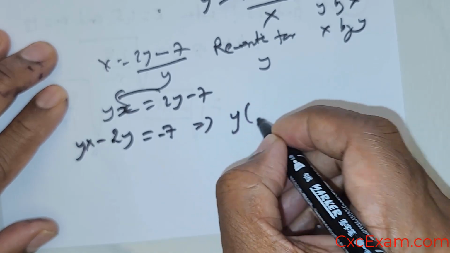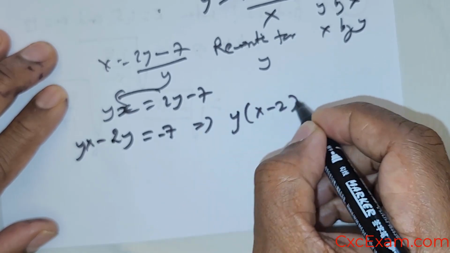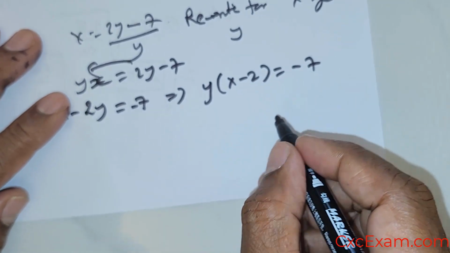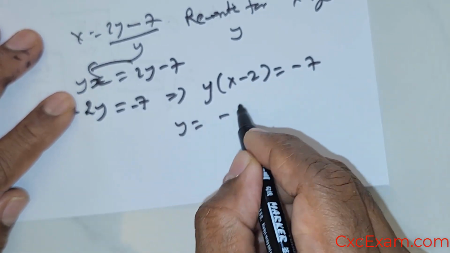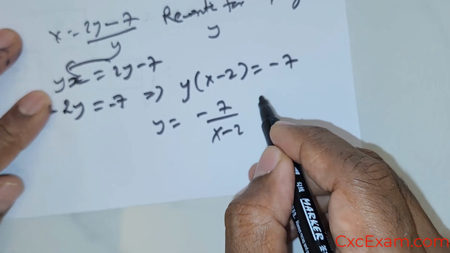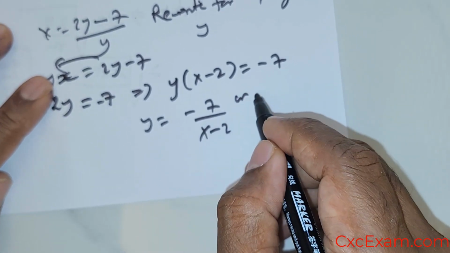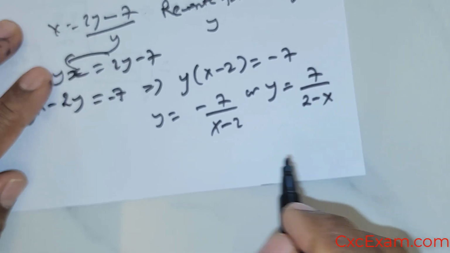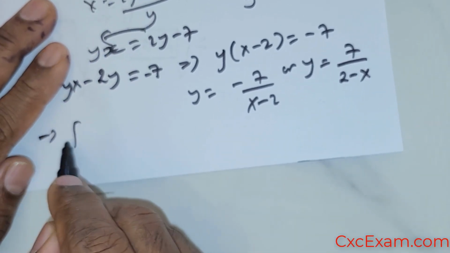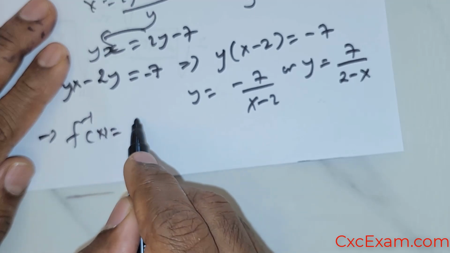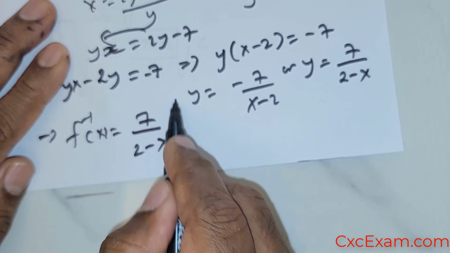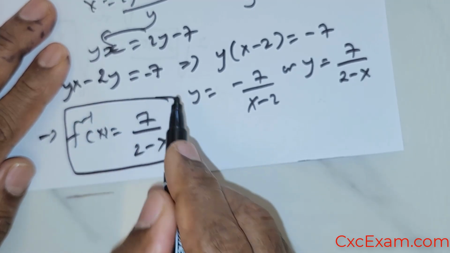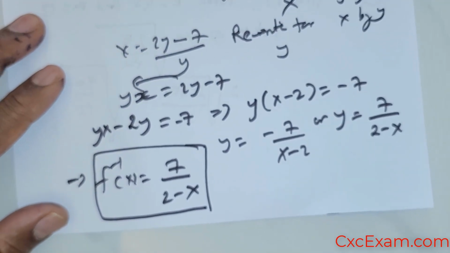I take y out and write this as y(x - 2) = -7. This means y = -7/(x - 2), or I can write y = 7/(2 - x). So f inverse of x is equal to 7/(2 - x). So that's the solution for this question.